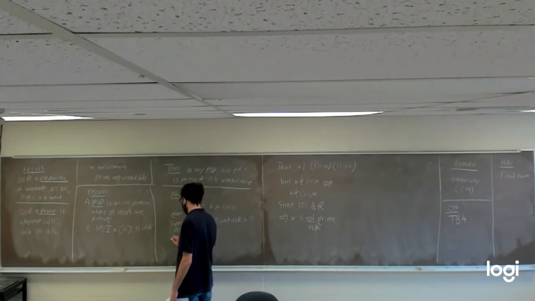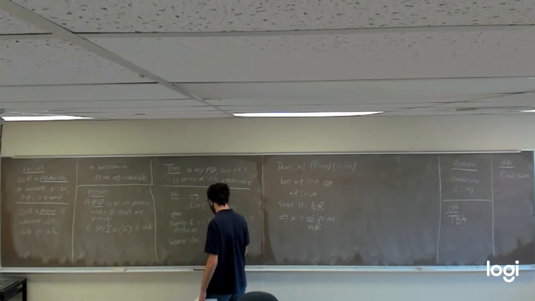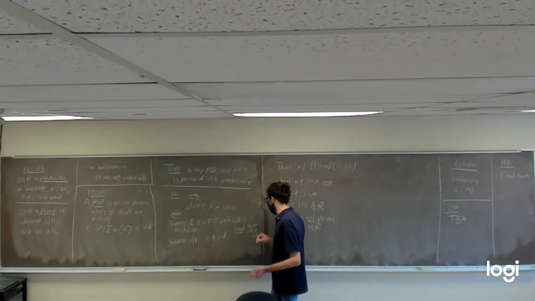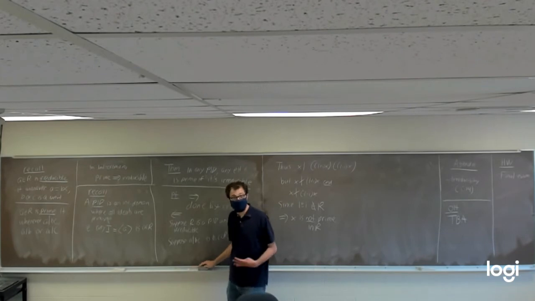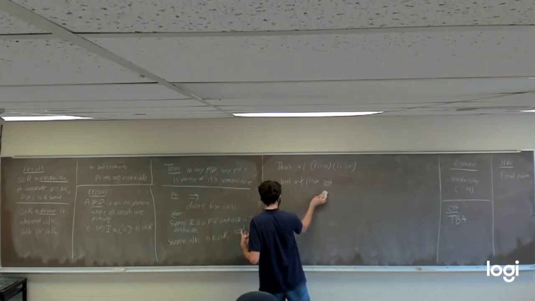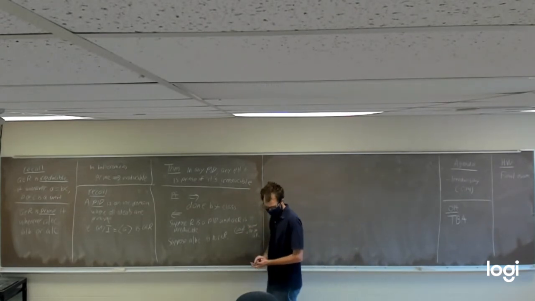Well, the way we show A is prime is we suppose that A divides the product B times C for some elements B and C in our ring. And then our goal is going to be to show that A divides B or A divides C. So let's see if we can do that. So that if A divides B times C in a PID, then A has to divide B or A has to divide C.